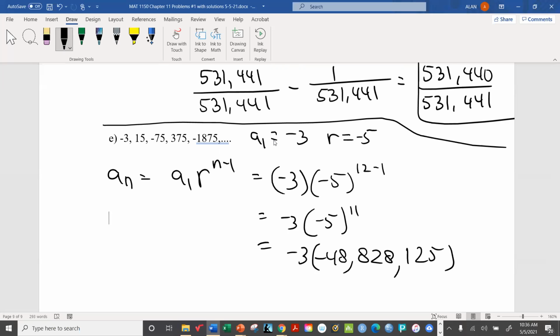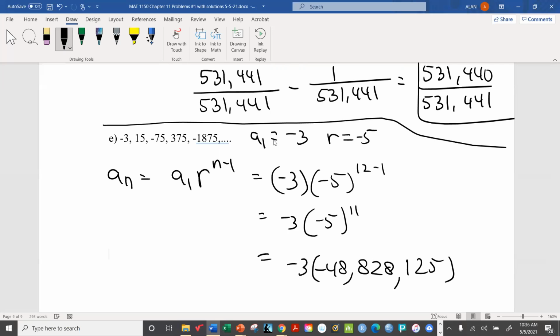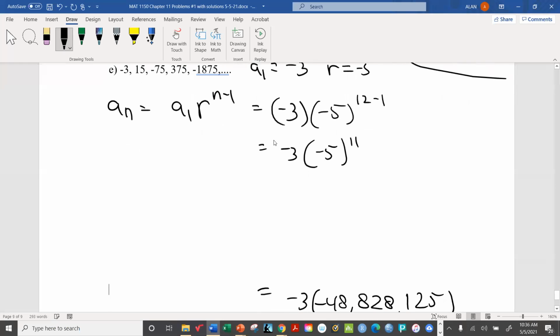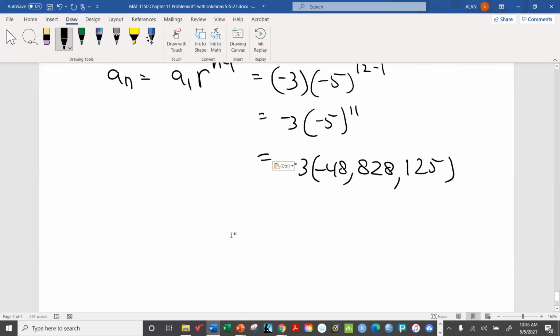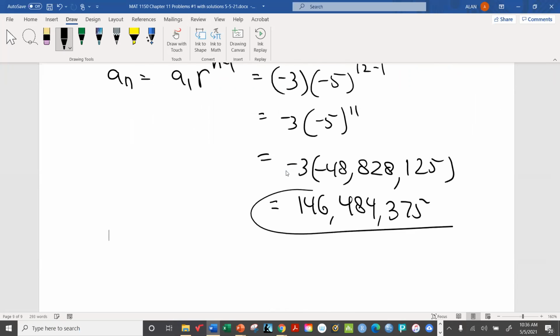Yes, it's absolutely huge. Oh, let me fix that. It's going to turn out to be positive. There's two negatives here, so it's positive 146 million 44,375. That's our 12th term.